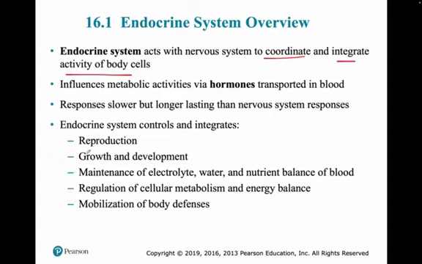We're talking about growth, development, reproduction, maintenance of nutrient, water, and electrolyte production and maintenance, regulation of our metabolism, which is majorly controlled by hormones, and then also to some extent body defenses. So these are the functions that hormones coordinate or help the body with in conjunction with the nervous system. All right.